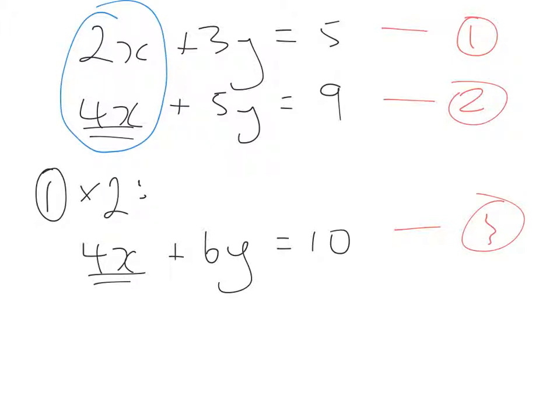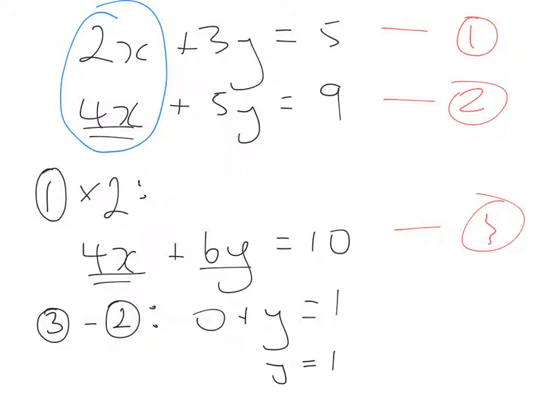So if I add them together, 4x plus 4x, that's 8x, so it's not plus. 4x take away 4x though is nothing. So 3 take away 2, and I'm doing that because I've got 6y here, it's bigger, so I'm just going to keep it positive. So 4x take away 4x is nothing. 6y take away 5y is 1y. And 10 take away 9 is 1. So y equals 1. That's number 4.